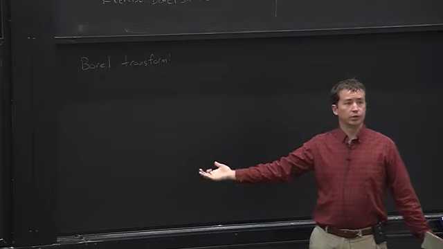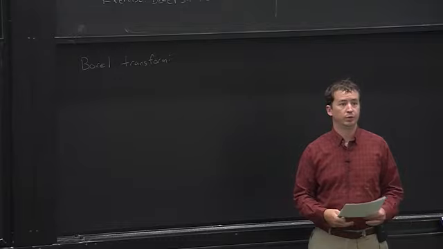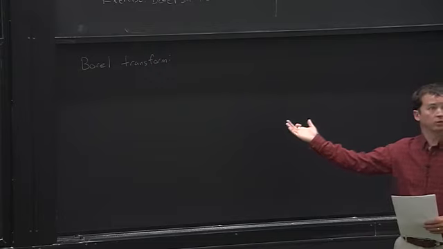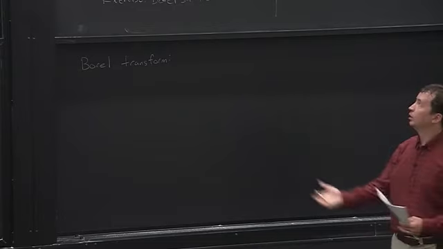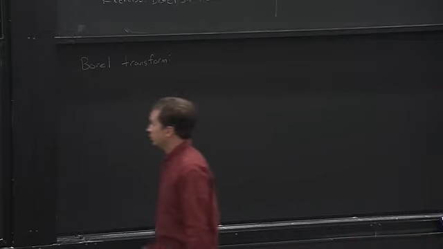I just want to return to the Borel summation from before and briefly explain how to do Borel summation in the case where we've got a series that depends on a parameter.